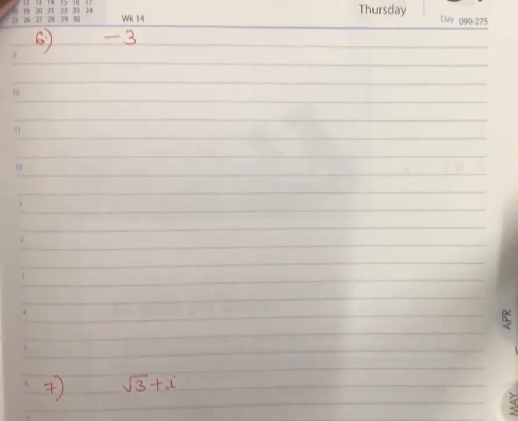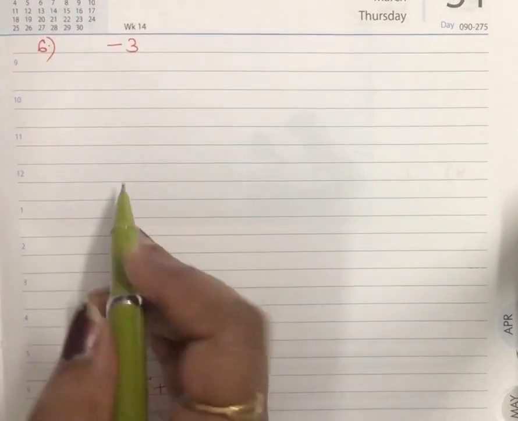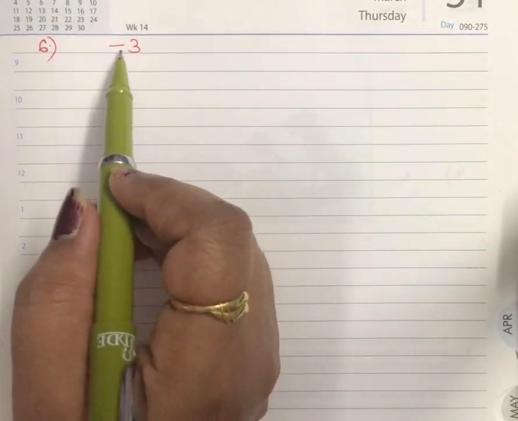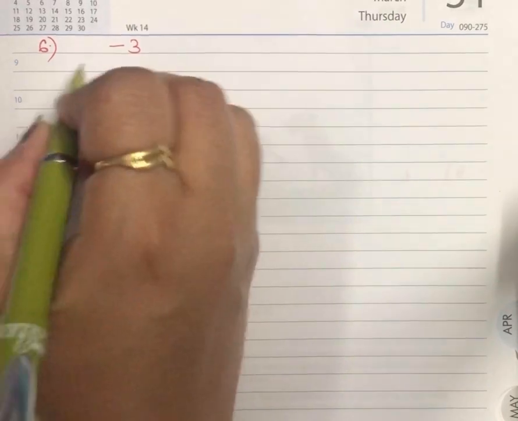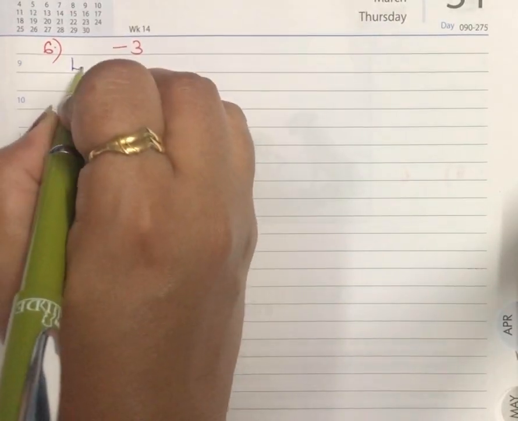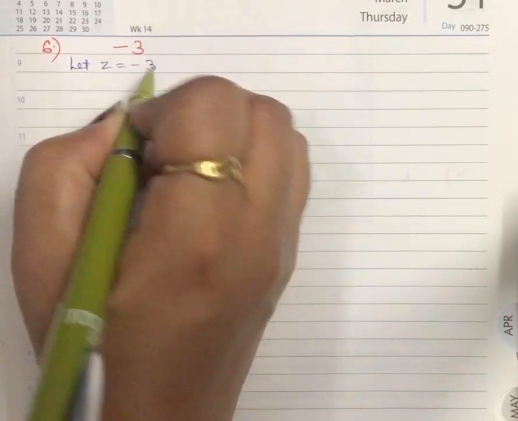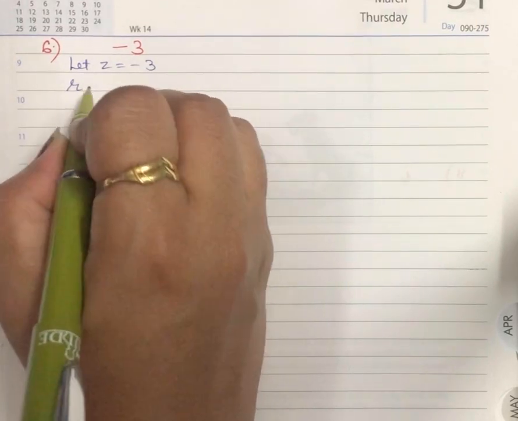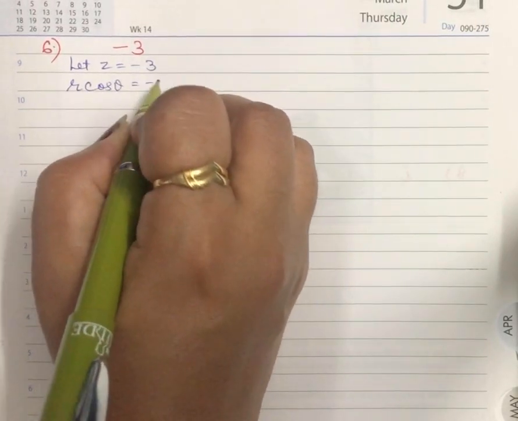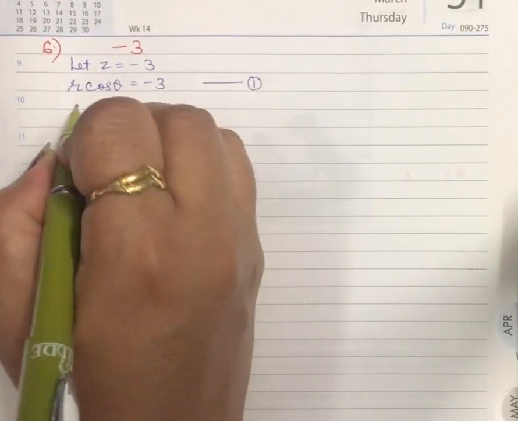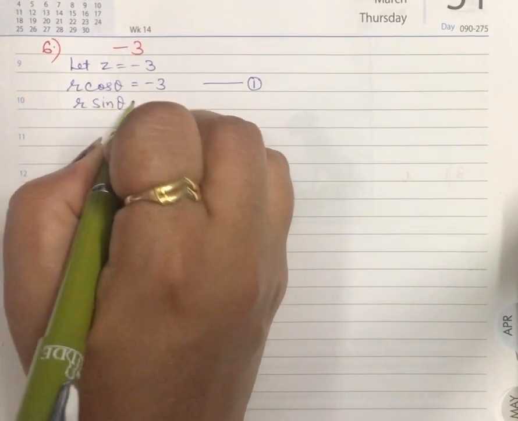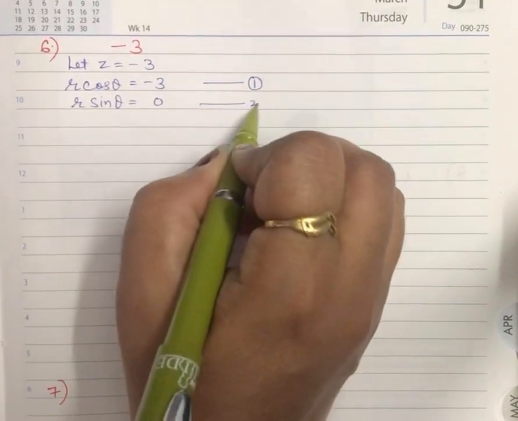In the sixth question, the complex number is minus 3. Here the imaginary part is 0. So again let z equal minus 3. Here r cos theta is minus 3 and r sin theta is 0.